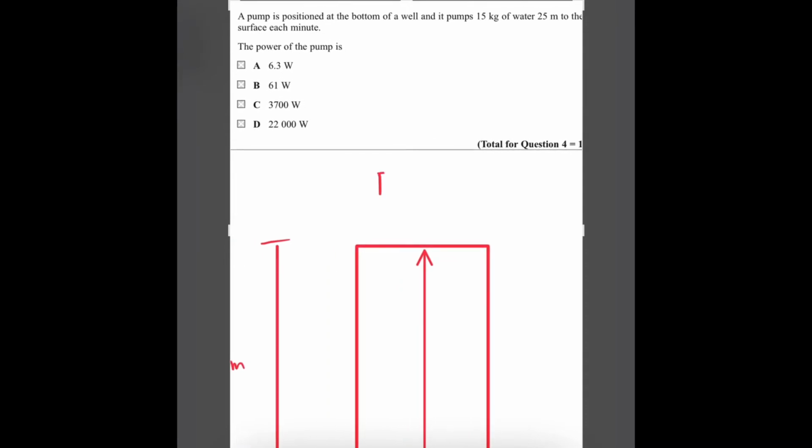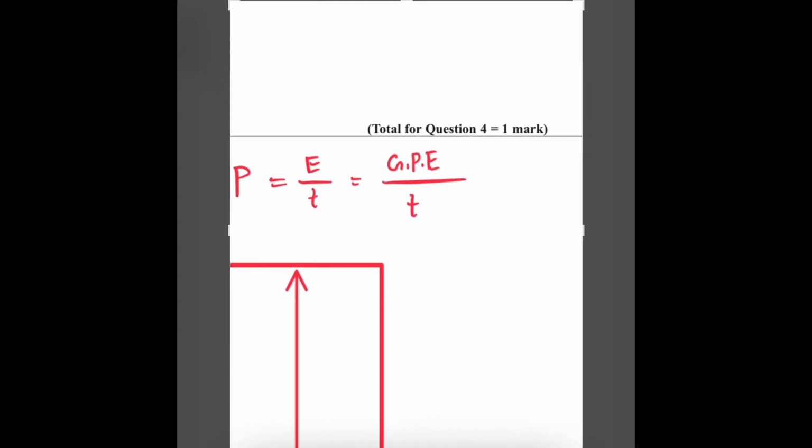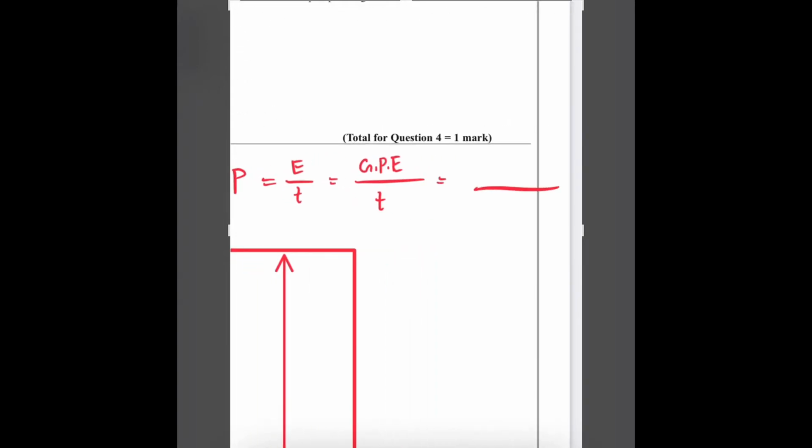Power is basically work done by time, or any type of energy by time. In this scenario, the energy is the gravitational potential energy. The work is being done against gravity per unit time. So it is mgh by time.